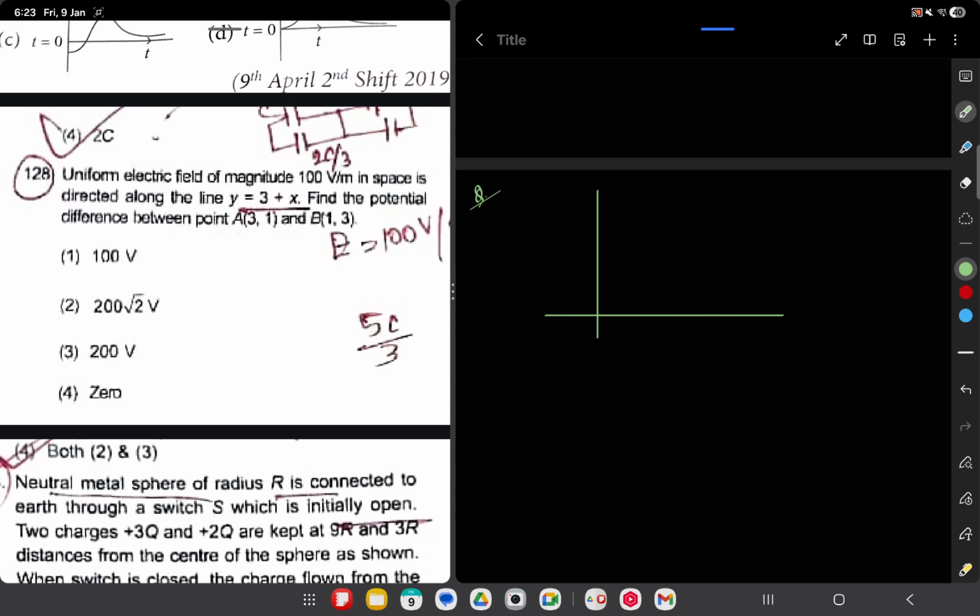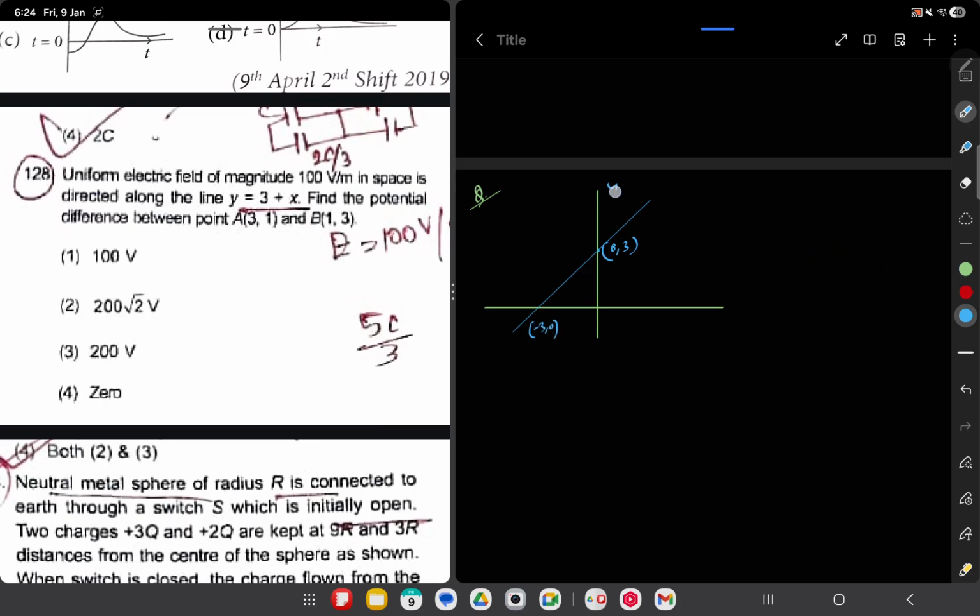So you may clearly write y minus x is equal to 3. So y by 3 minus x by 3 equal to 1, or this as like this. So this is the slope intercept form. So this point will be 0 comma 3 and this point will be minus 3 comma 0.